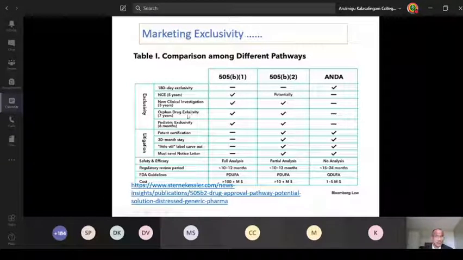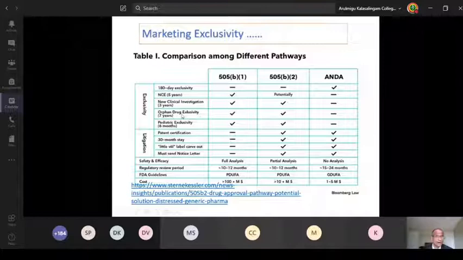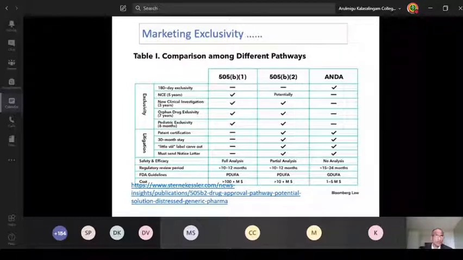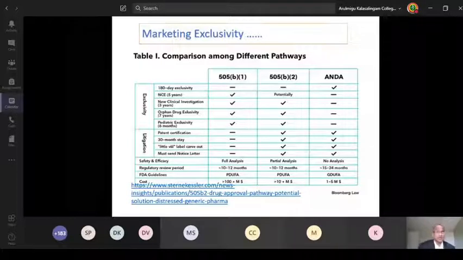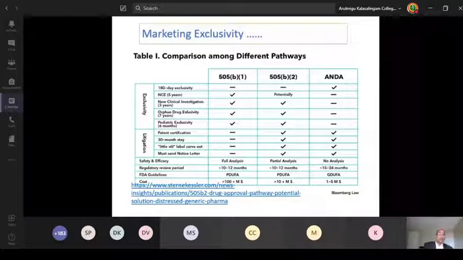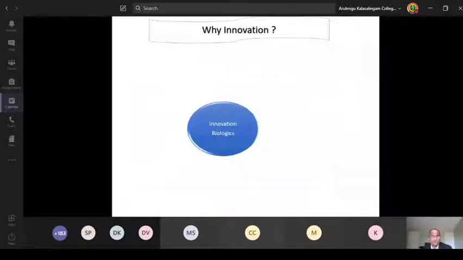Likewise, orphan drug exclusivity is 7 years. Orphan drugs are for rare diseases, those affecting fewer than 2 lakh people in America. For example, autoimmune disorders. These are called orphan drugs. Likewise, pediatric exclusivity is 6 months. So this is overall marketing exclusivity.